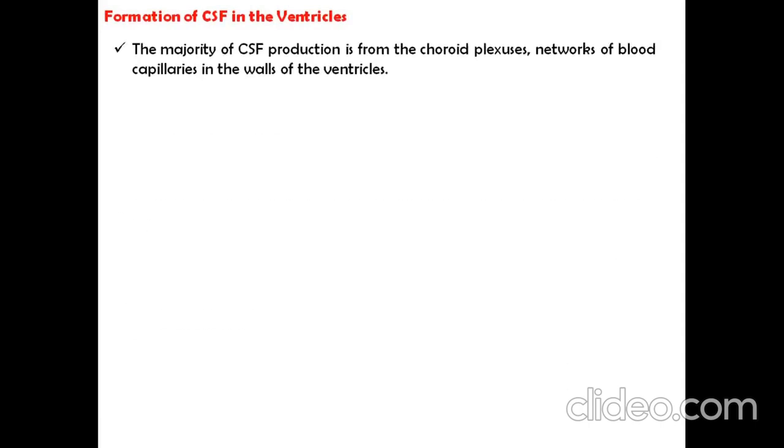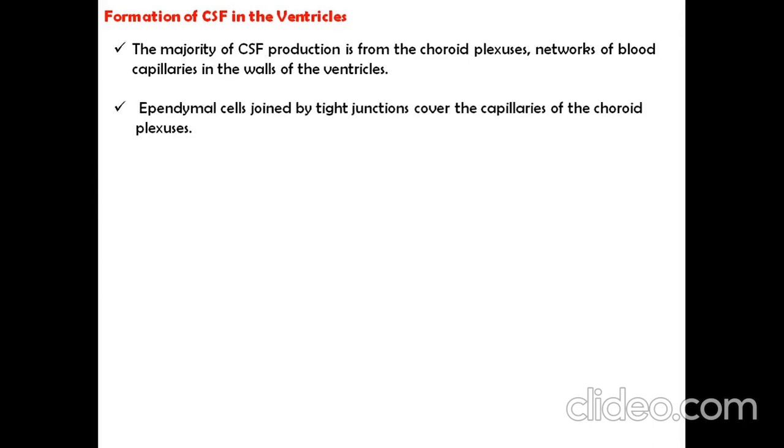Formation of the cerebrospinal fluid in the ventricle. The majority of cerebrospinal fluid production is from the choroid plexus, a network of blood capillaries in the wall of the ventricles. The ependymal cells joined by tight junctions cover the capillaries of the choroid plexus.